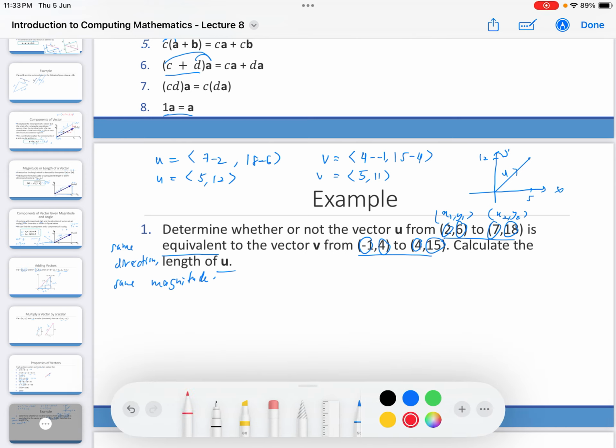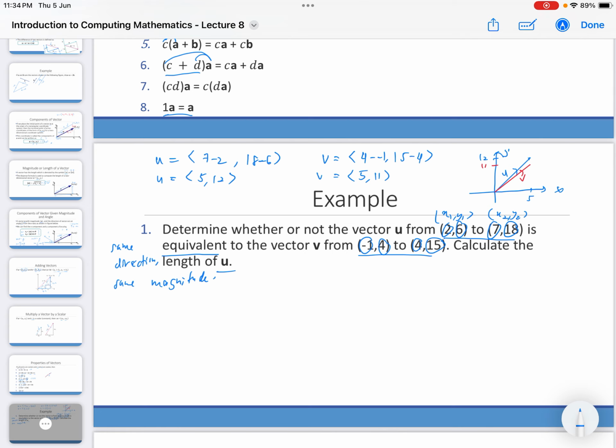And then we have another vector v, which is (5, 11), with the initial point at the origin. So this one is v. From this, we can see that their direction is not the same. Hence, it is not equivalent.